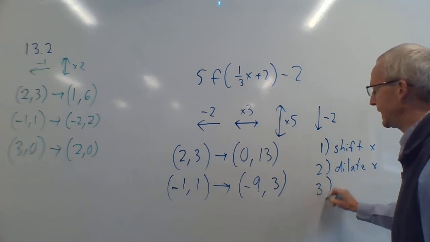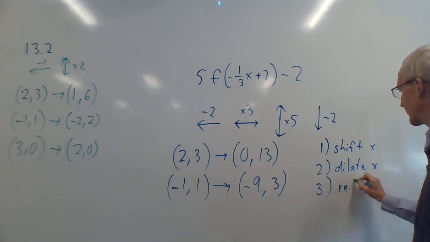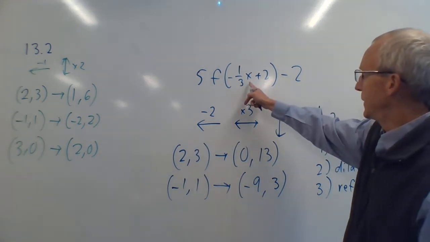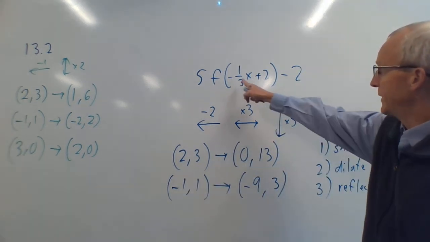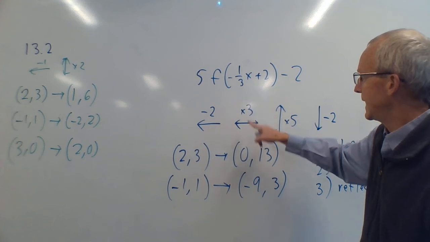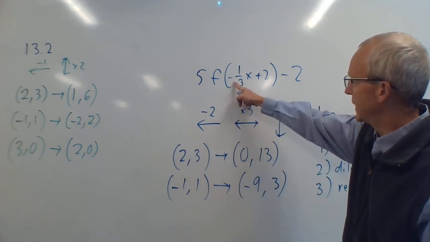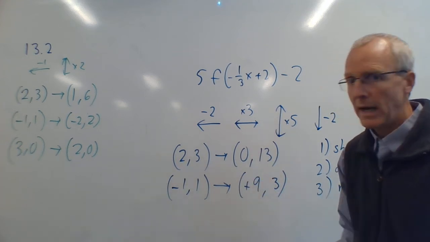Then, if it's negative, let's say this was a negative there, then you reflect the x. Okay, so if it's -1/3 x, after we multiply it by 3 and everything, we go, oh, we should make it negative now. And so if it was -9, we would make it positive.